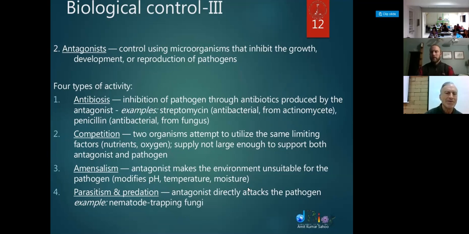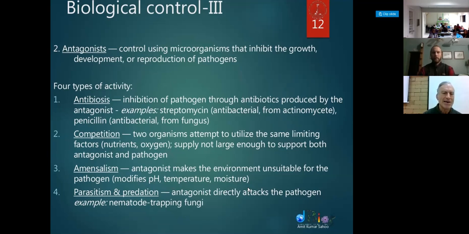If you have enough of fungi like that, they could prevent, or at least lessen, a disease caused by bacteria. There are many examples of that, where one organism produces something that inhibits the growth of another organism.